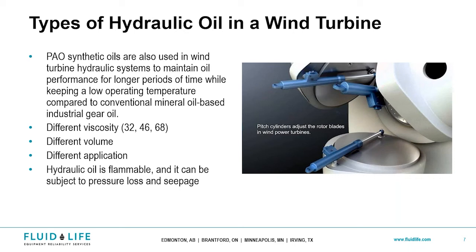But most other platforms that are even sub 2.5 megawatts are going to have a pitch system on them with a hydraulic setup. So these hydraulic pitch cylinders, which can be seen right there, are inside of that hub there, and they're going to adjust those blades.